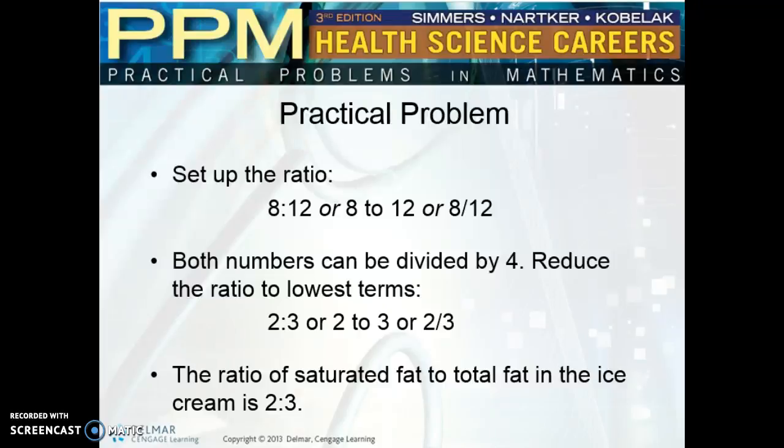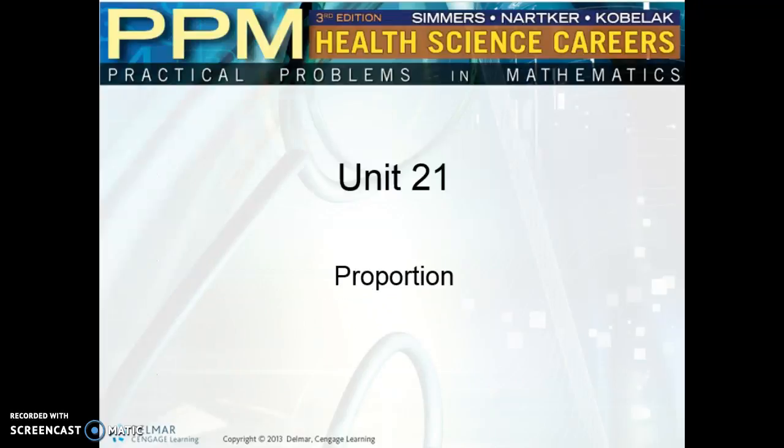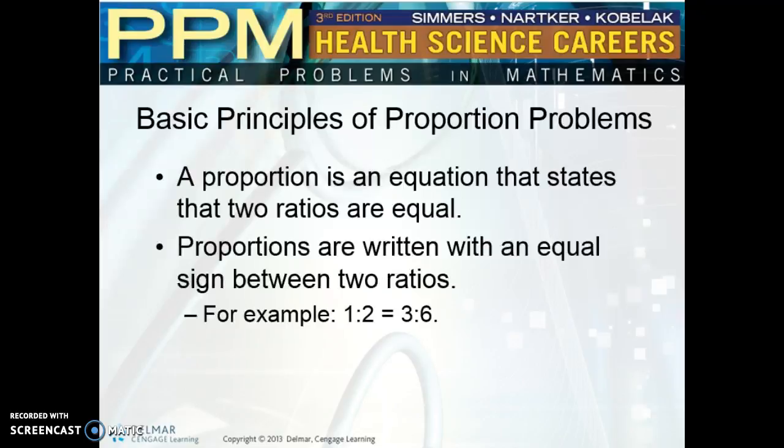The next unit is all about proportion. A proportion is taking two ratios that are equal to each other and writing an equation. So an equation that states the two ratios are equal is what a proportion is. And then we solve that proportion by using cross multiplication.